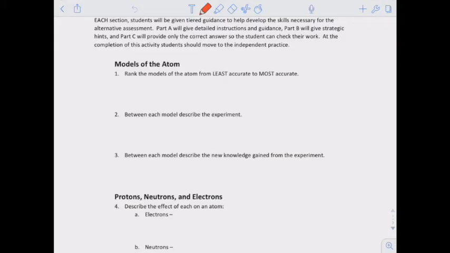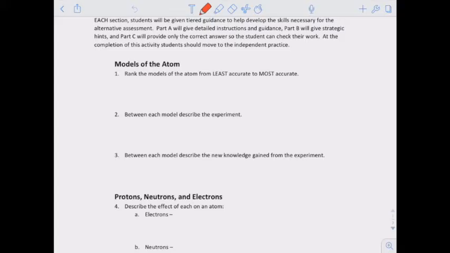Then we have Ernest Rutherford, which discovered the nucleus and became a little bit more precise. And lastly, the one big one that we really deal with is Niels Bohr, which determined the energy levels.